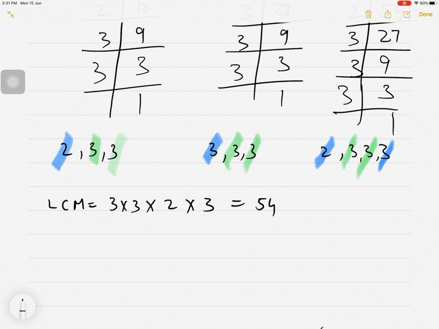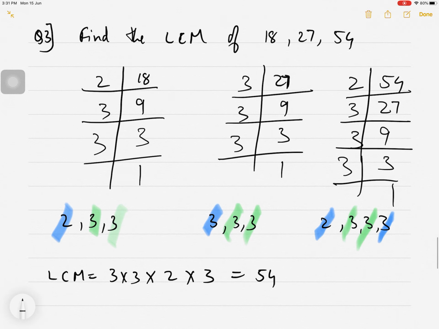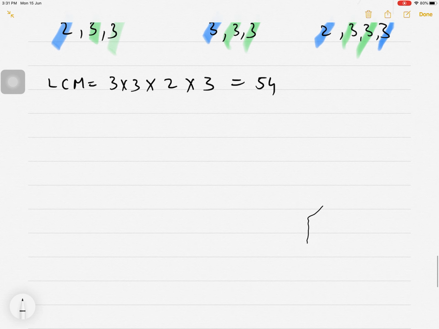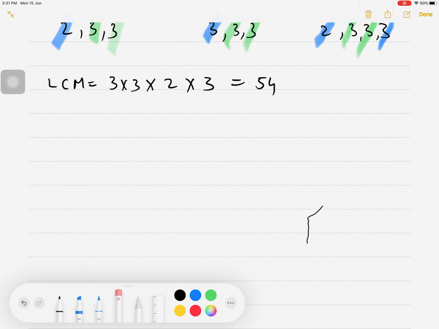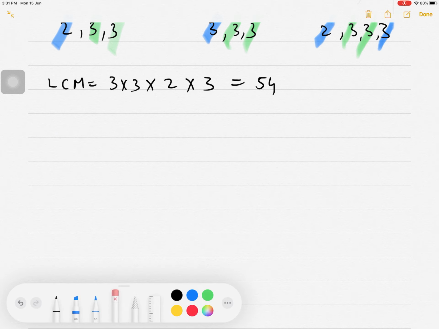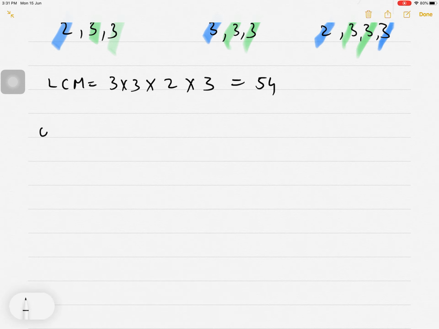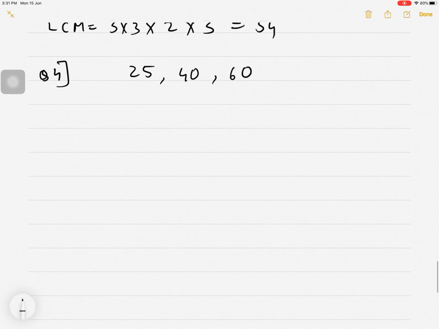Let's solve the next question. Find the LCM of 25, 40 and 60. I want you all to solve by your own. LCM of 25, 40 and 60. Please solve it by your own.